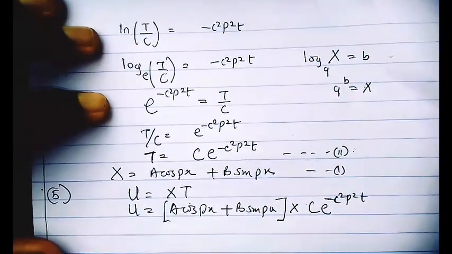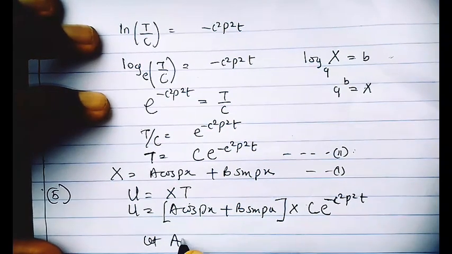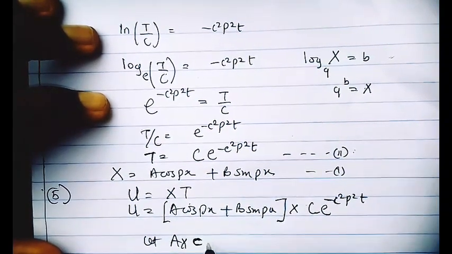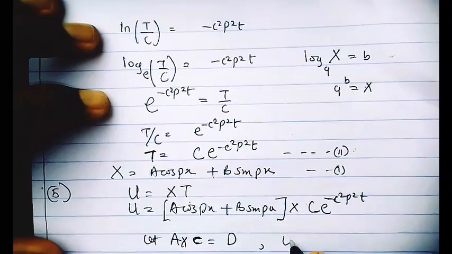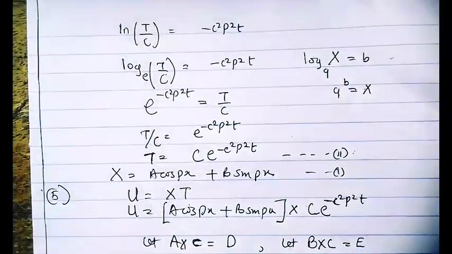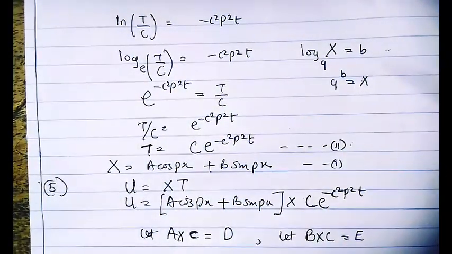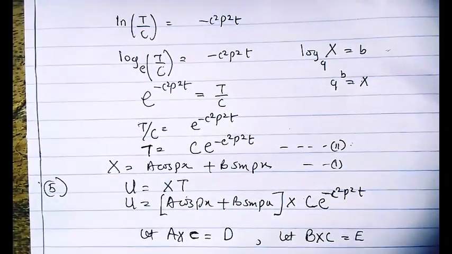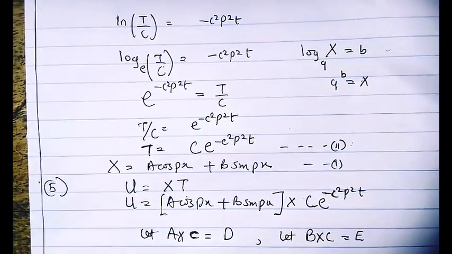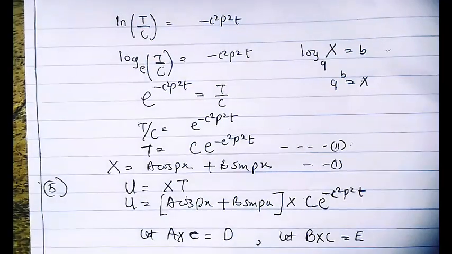Now let me multiply through by the constant I have here, which is c. So let a times c be equal to d, and let b times c be equal to e. I'm introducing entirely new constants because I have two constants multiplying each other. Since I don't know the value, I know it is a constant, so I can just replace it with another variable.